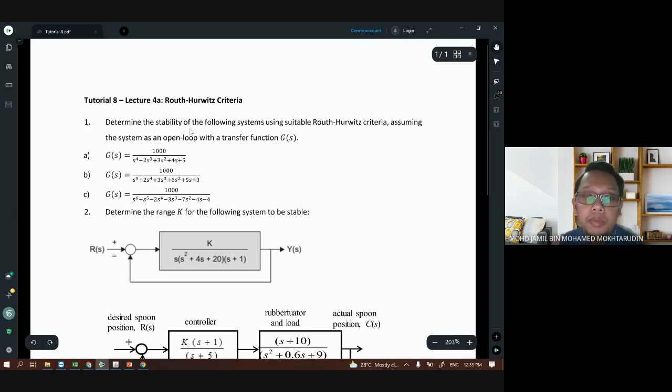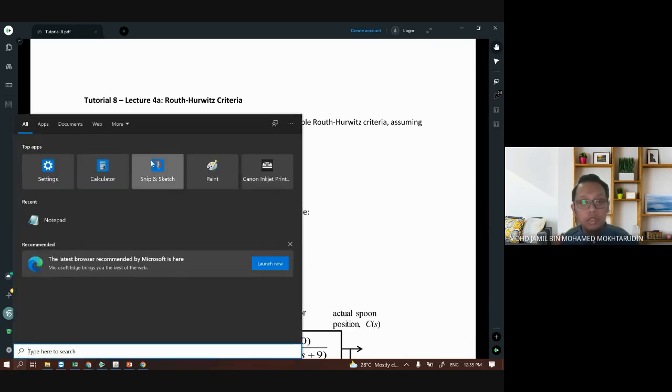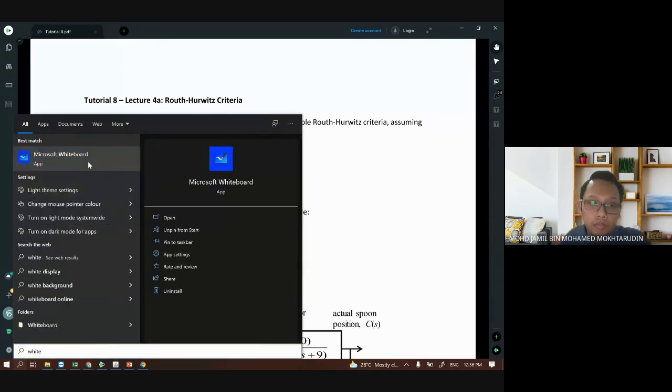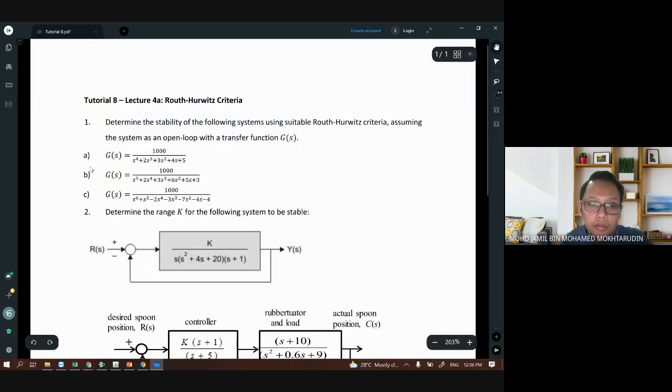So determine the stability of the following systems using suitable Routh-Hurwitz criteria, assuming the system is open loop with a transfer function G(s). Okay, so the question specifically says that the system is open loop, okay?